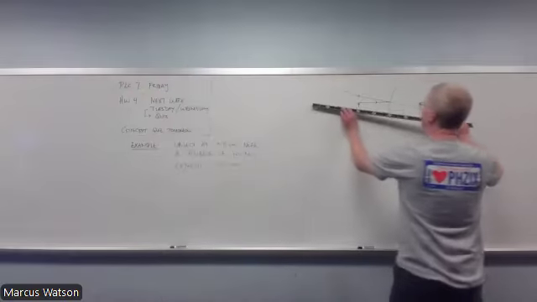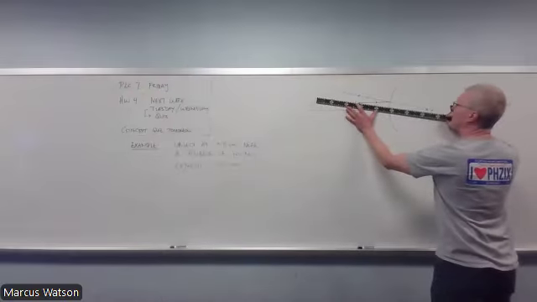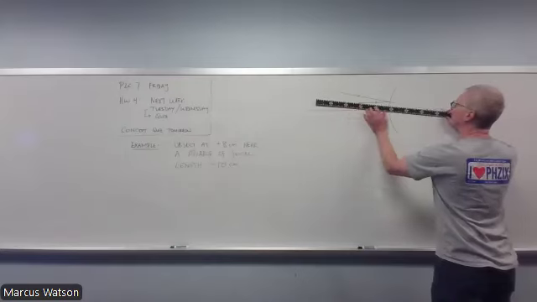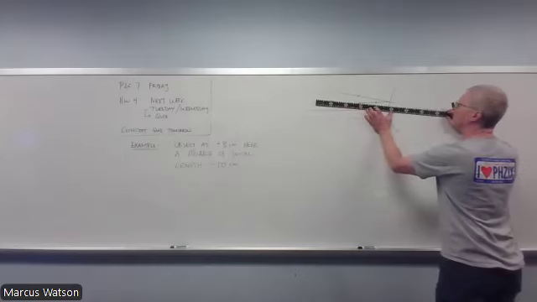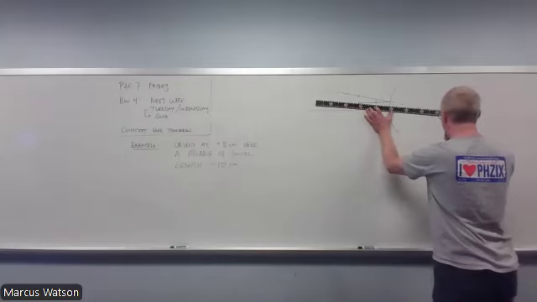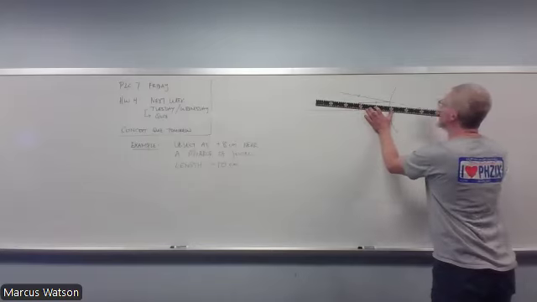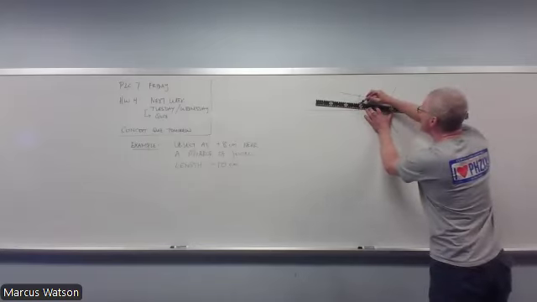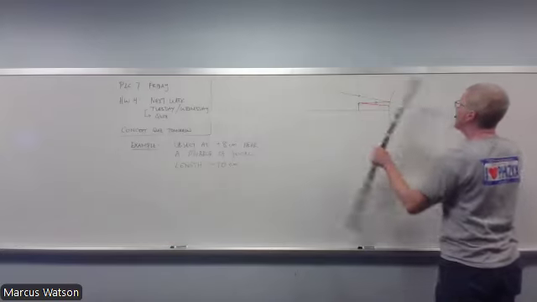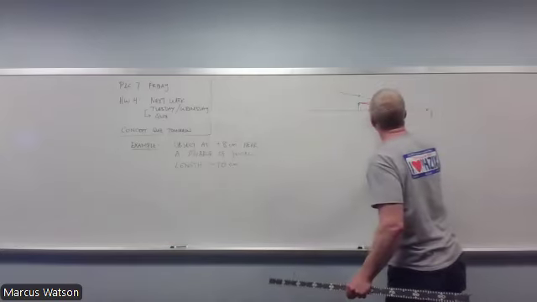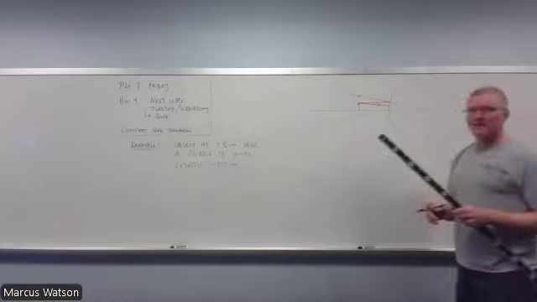So I'm going to take my ruler and connect the focal point with the top of the object, and draw like that. That's my incoming ray.